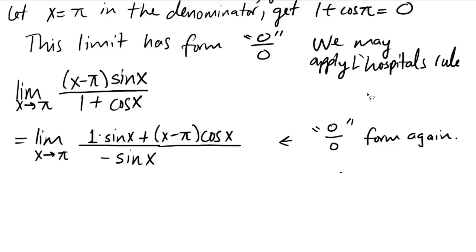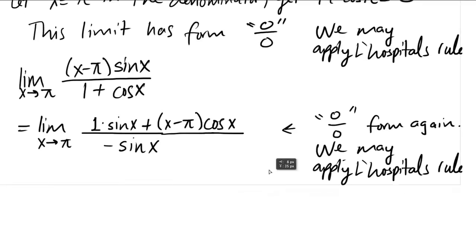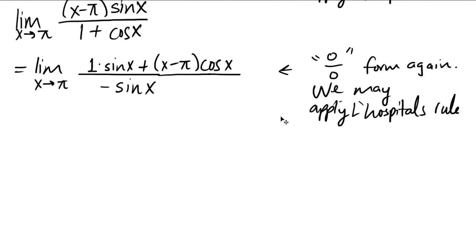Why don't I just cheat a little bit and grab this and put it there. And so let's apply it one more time. Often you have to apply L'Hopital's rule more than once, so that's something to be expected.